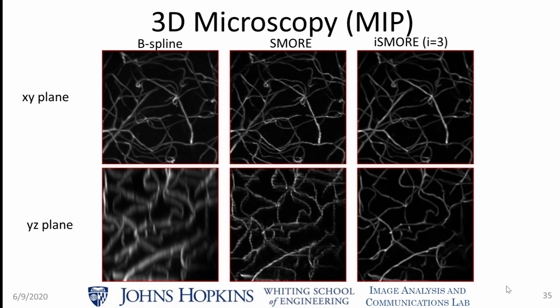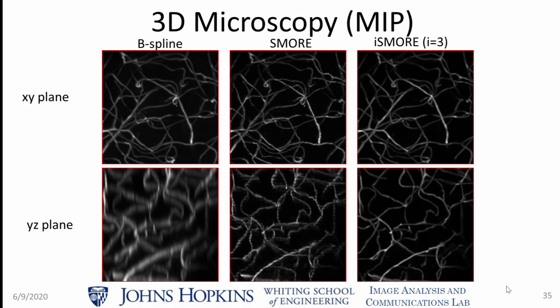But in the 3D microscopy, this is 2-photon fluorescent microscopy of blood vessels. And this is a maximum intensity projection of these vessels. We did find quite a bit of improvement in those first three applications.